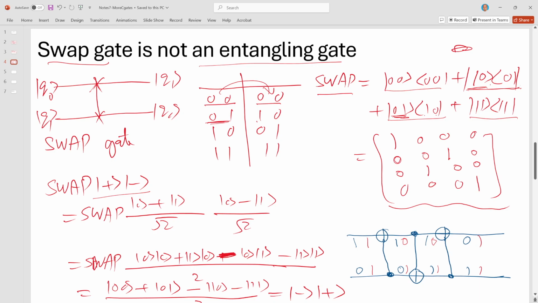And similarly you can check for the other, and just like red state is going to red, and this light gray greenish blue is going to the same color. So we can implement the swap gate using these 3 control X gates. Swap gate is sometimes required when we have to change the order of the states.